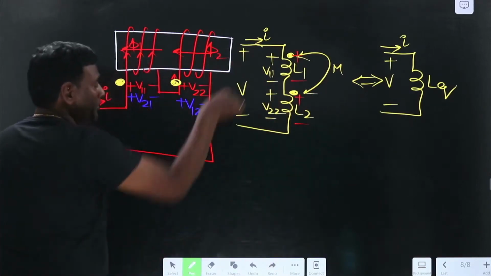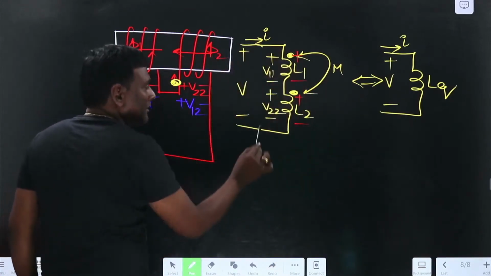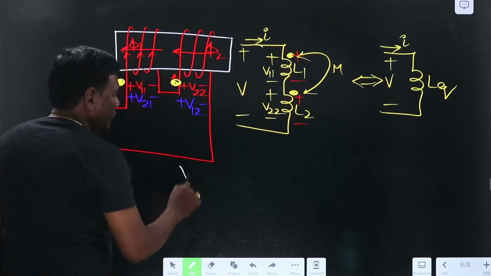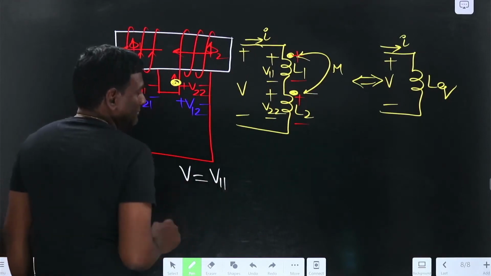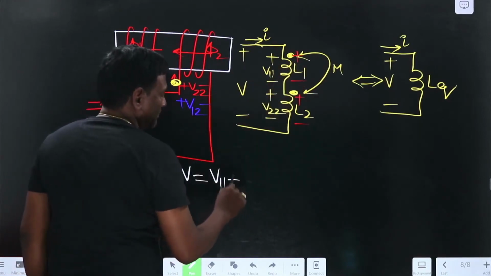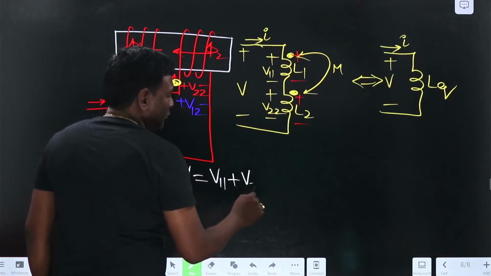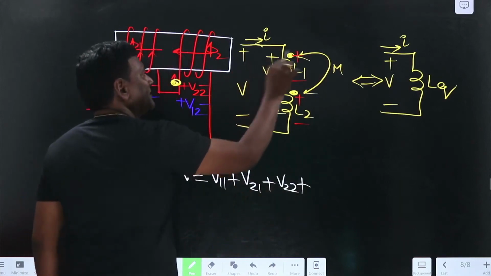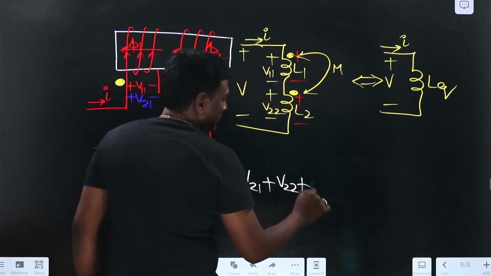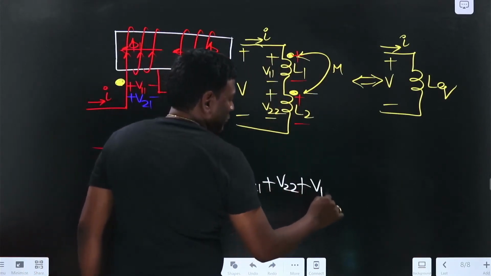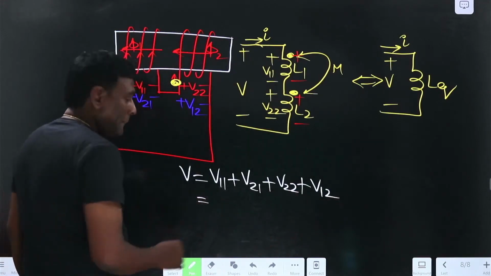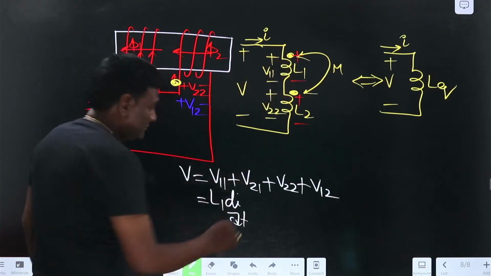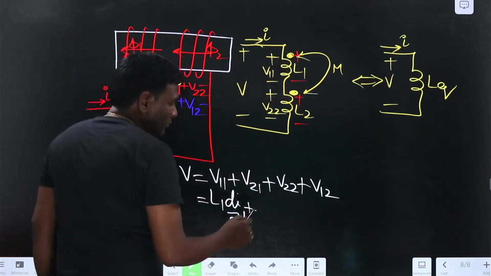My equation is going to be, if I write KVL like this, I am going to touch minus first. Minus of V, or if you send it to the other side, it's going to be plus V. So V equals V11 self plus mutual V because of 2 in 1, plus V22 plus V because of 1 in 2. So this is going to be V11, L1 di by dt, because everywhere the same current will flow, plus V12 or V21.